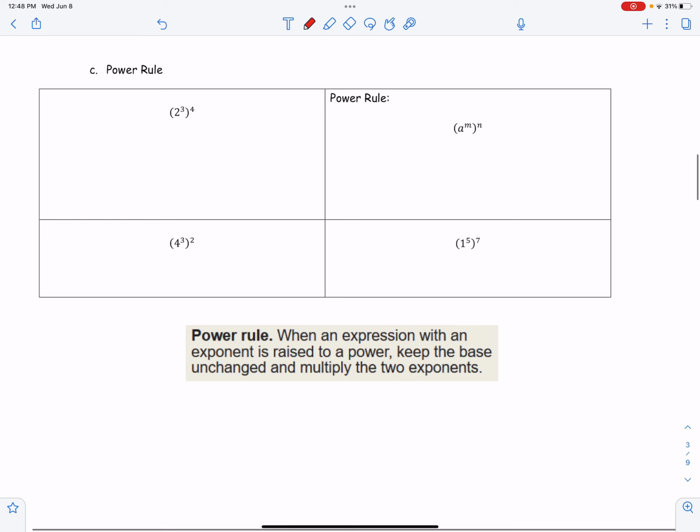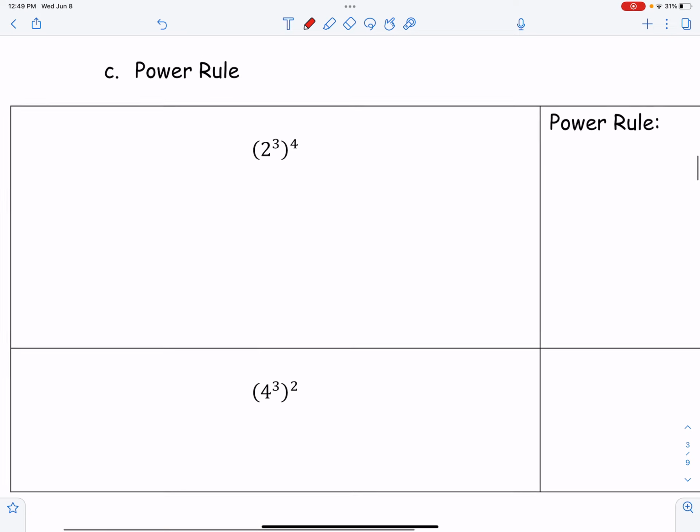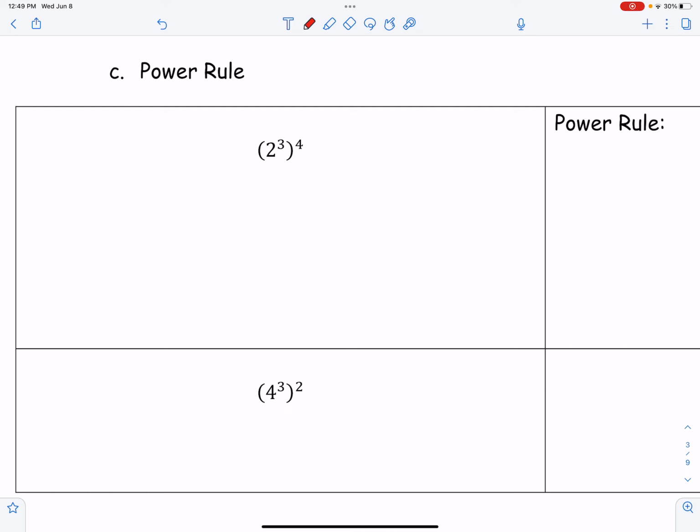Our power rule tells me what to do when I want to raise one exponent to another exponent. All right, so here's our general rule. When we are raising one exponent to another exponent, this is when we multiply the exponents together. So let me come over here to this one. You've got 2 to the 3rd power. There's one exponent.